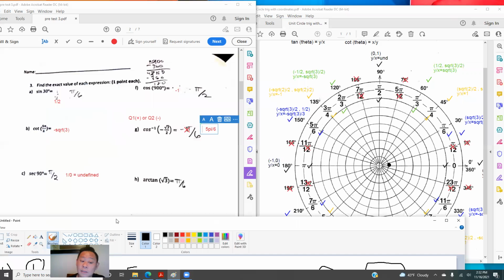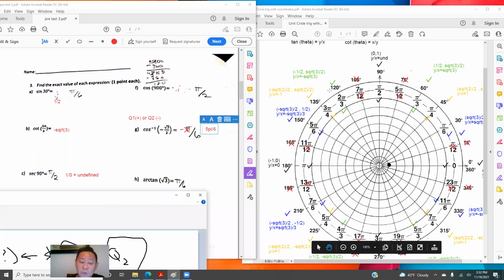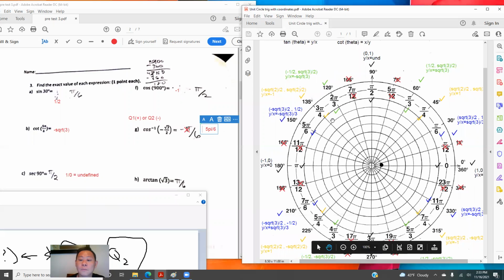So in this case, this one will be correct. Arctangent of root 3. So again, Kelvin, if you see tangent, you look at y over x. Can you tell me which y over x gives a square root of 3? This one doesn't give me root 3.